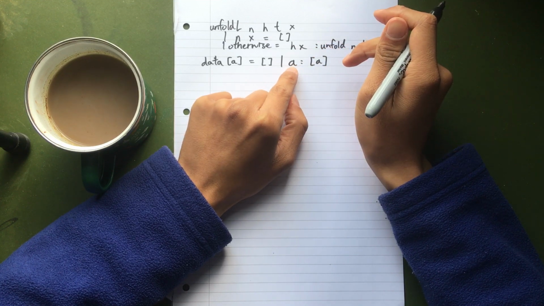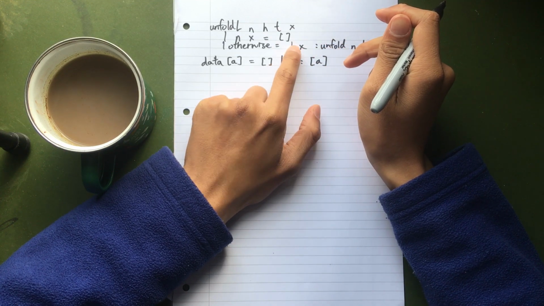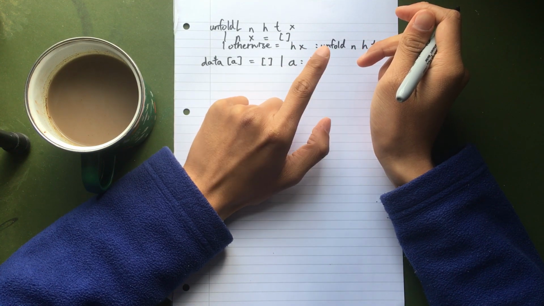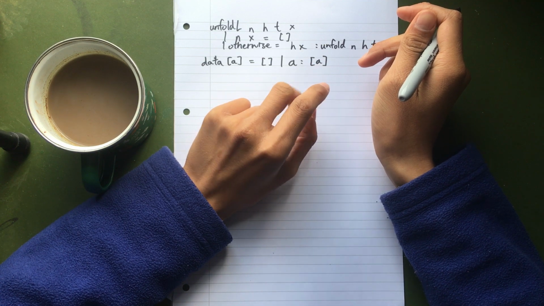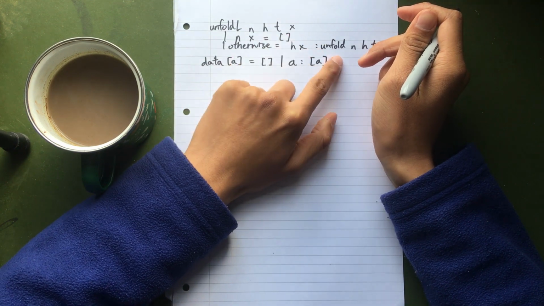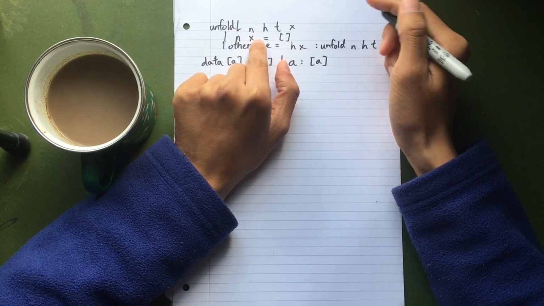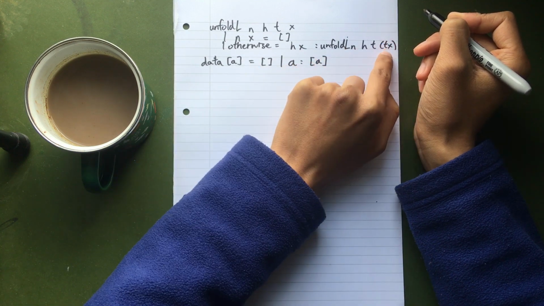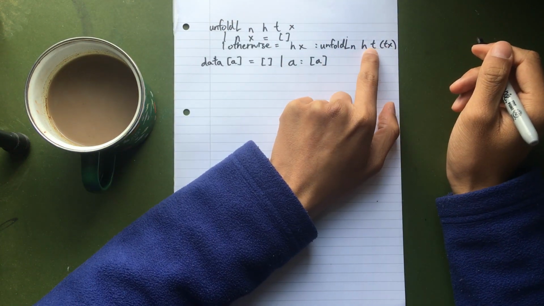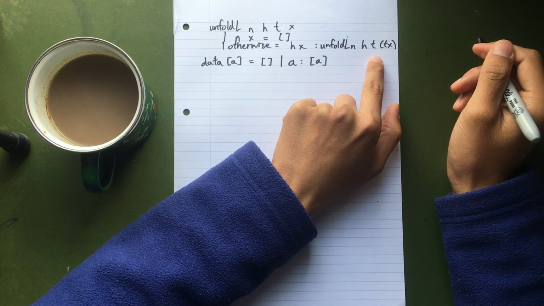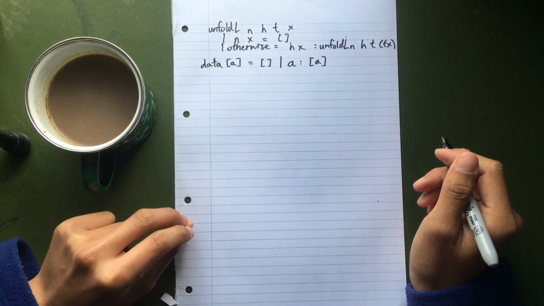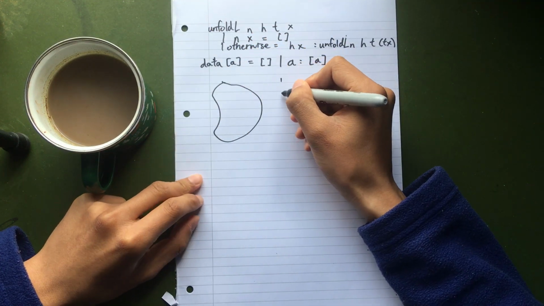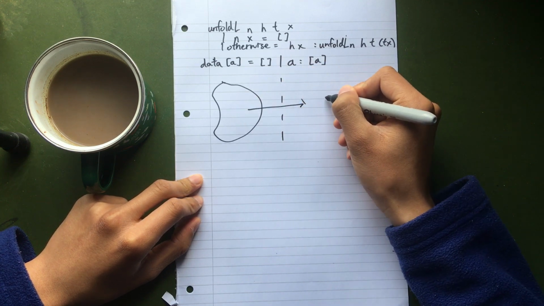Well, we could interpret something as the head with h x, standing for head. And we also need to interpret the tail of the list. To do that, we have to use unfold again, because unfold L is the function for interpreting lists. And again, we peel off parts of the data by applying the unfold to t x, which stands for tail x, instead of just x. So in a blob diagram, in the case n x being true, it's going to say, okay, this blob goes to the empty list.